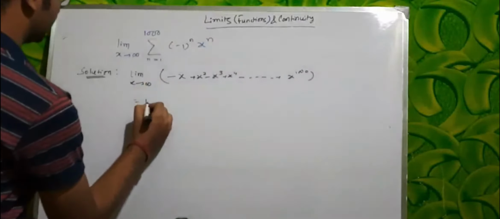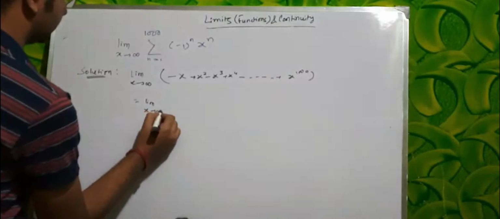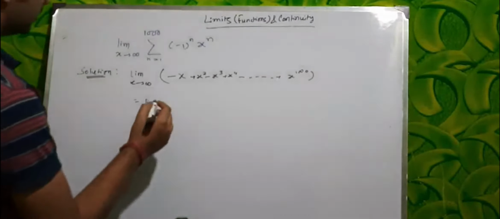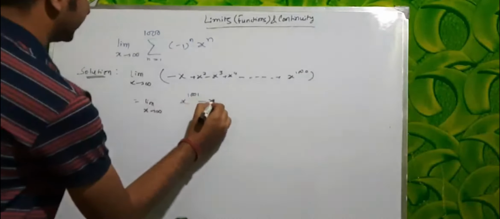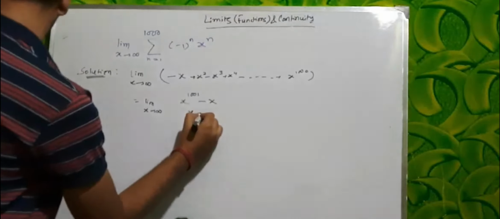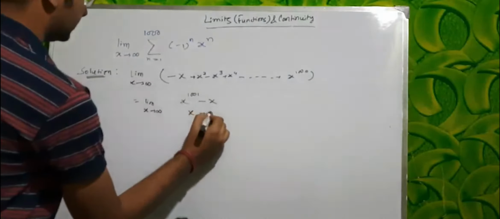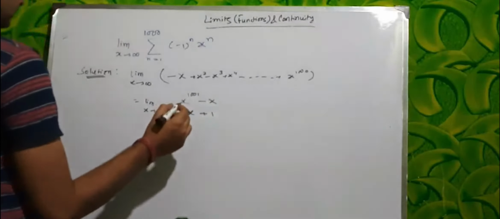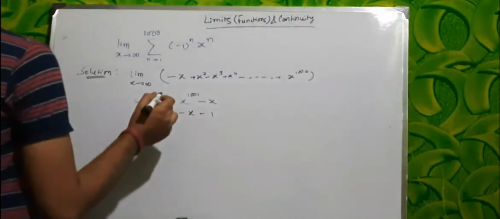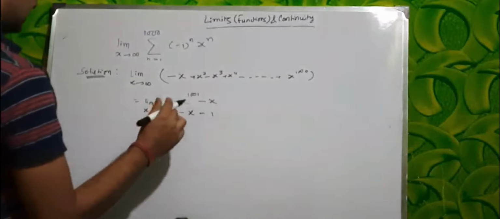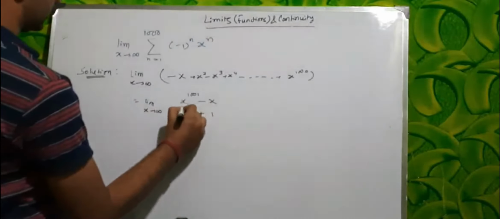So if we calculate that GP, this is a geometric progression of common ratio minus x, this will end up like this one. Sorry, this is plus.